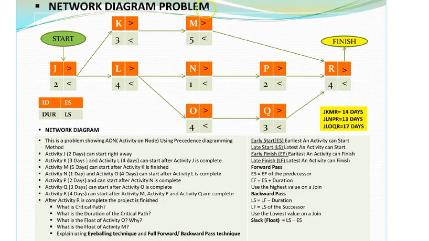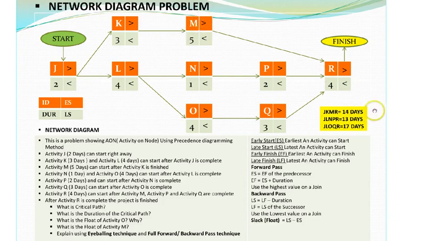M lies on only one sequence right now, which is J, K, M, R, which is how many days? 14 days. So to calculate the float, all I need to do is subtract the path that M lies on, which is 14, from the critical path's 17.